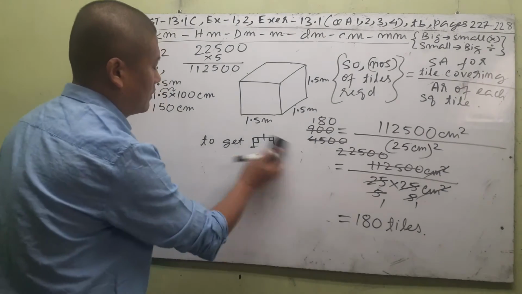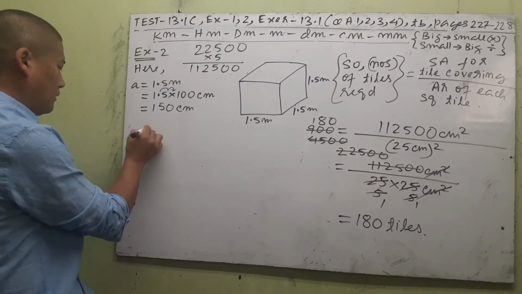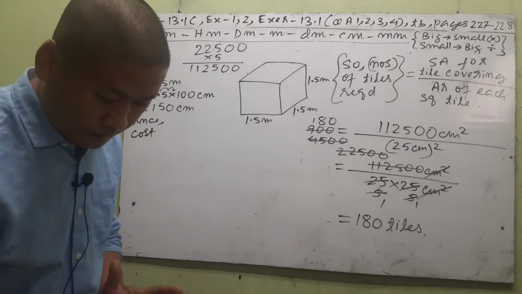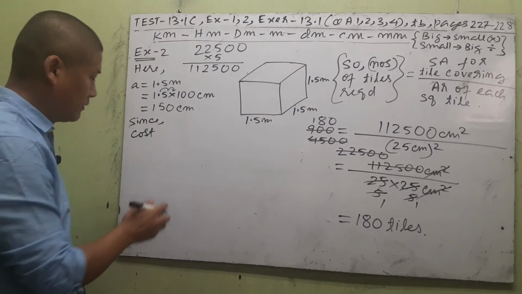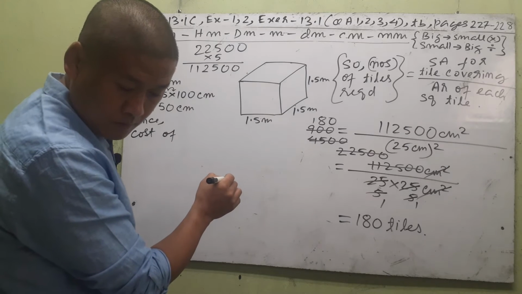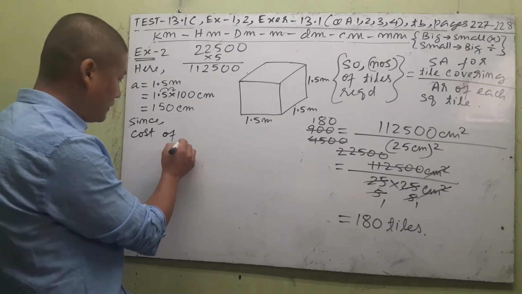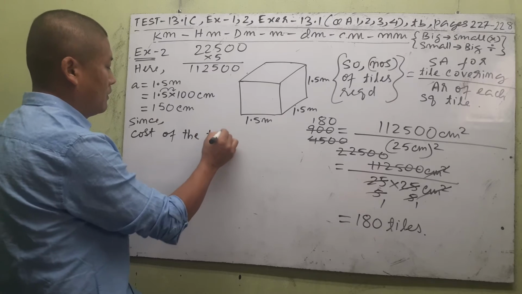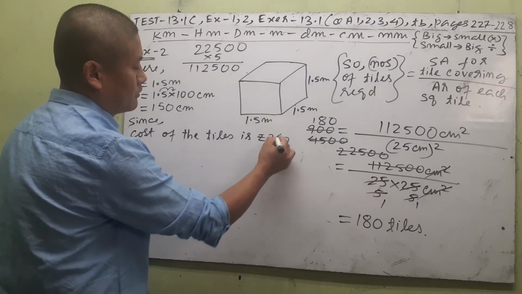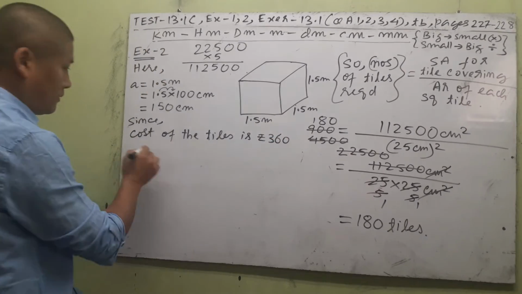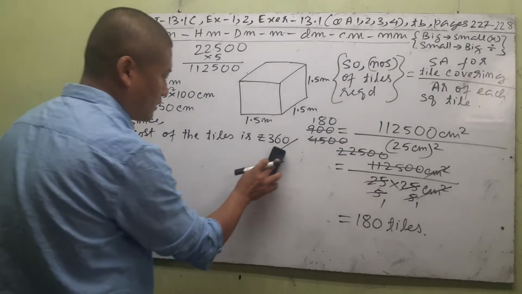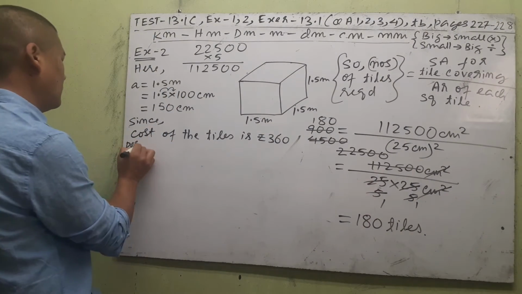The question is saying the cost of the tiles, according to the question, is rupees 360 per dozen, or you can just write this the way the textbook is given, per dozen.